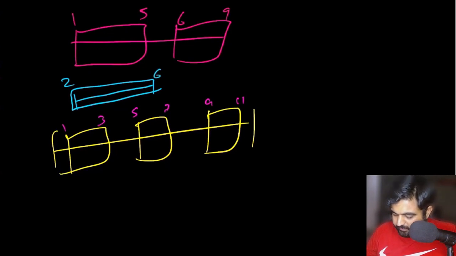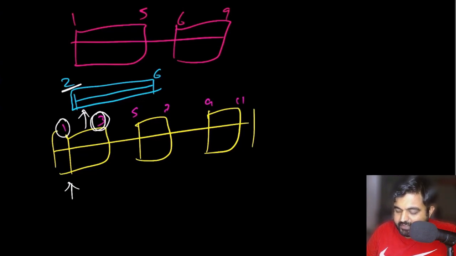What we can do is, first, we will see whether the first interval's starting and ending values overlap with the new interval we are trying to add. Since the starting value of this new interval falls between these two values, we immediately have to run the overlap function.